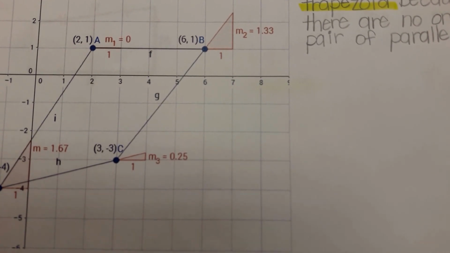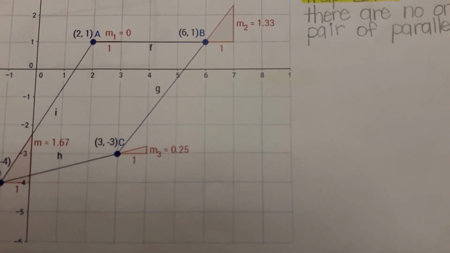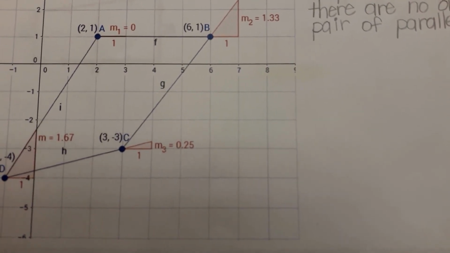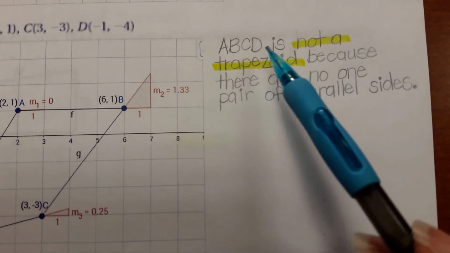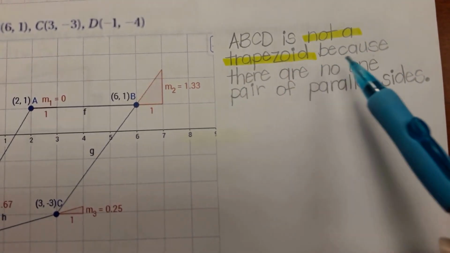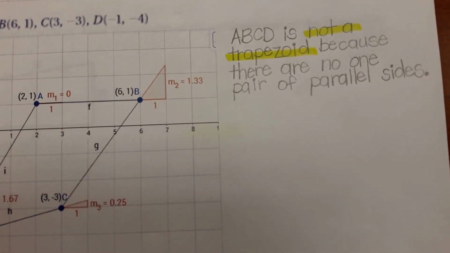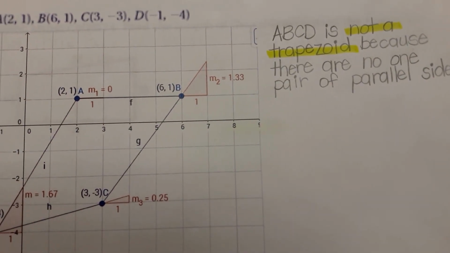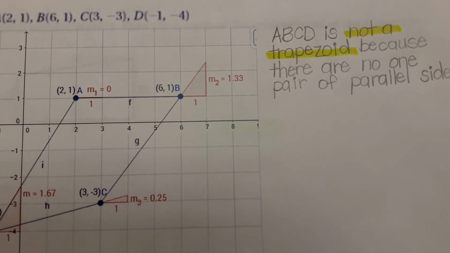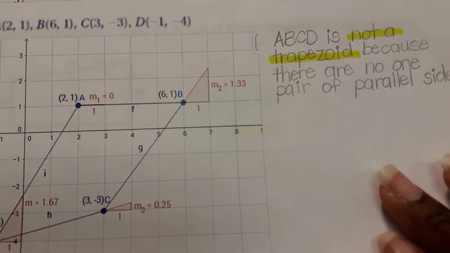So since none of the slopes are the same, that means I do not have a pair of parallel sides. So ABCD is not a trapezoid because there is not one pair of parallel sides.